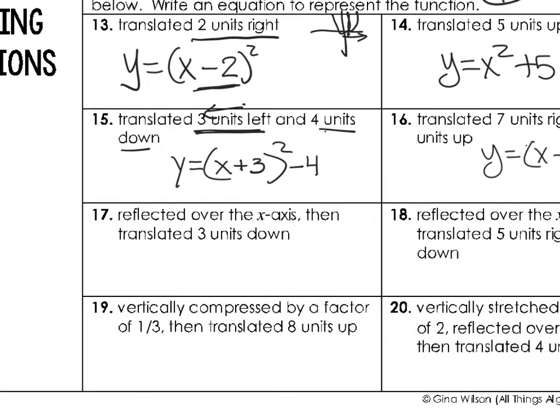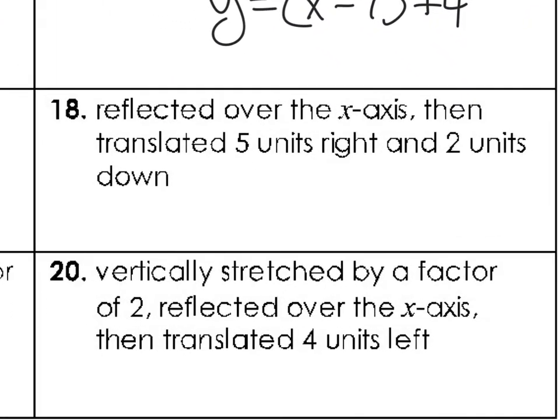All right. Reflected, so that means my A is negative. So y equals negative, and it's translated 3 units down. So we didn't change anything with the x, so we're just going to leave it x squared. And then it went down 3. Okay, and reflected over the x-axis, so again we got a negative.